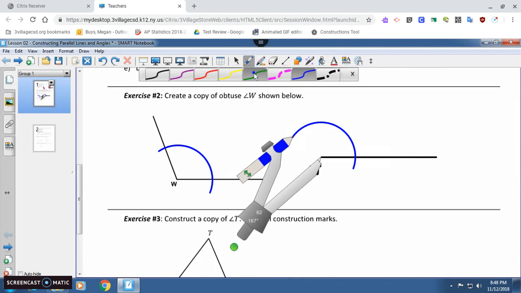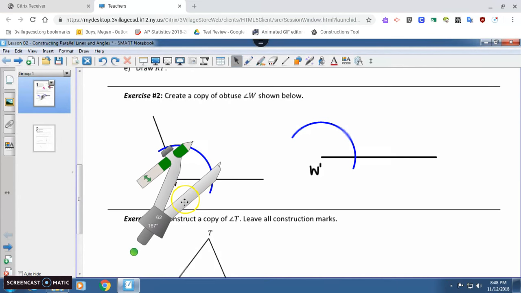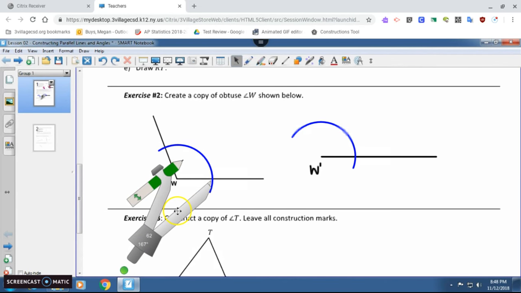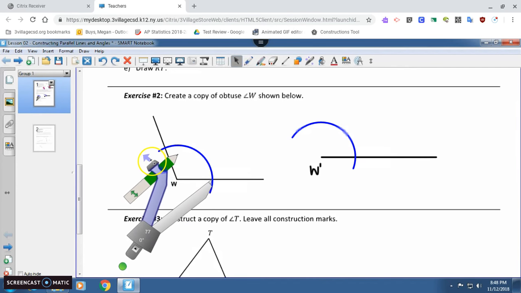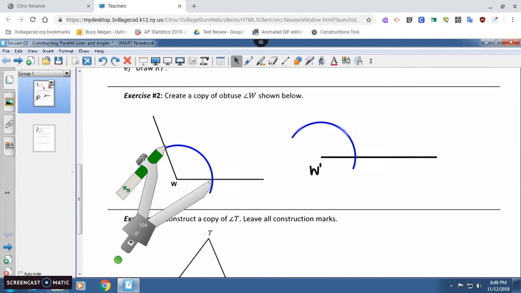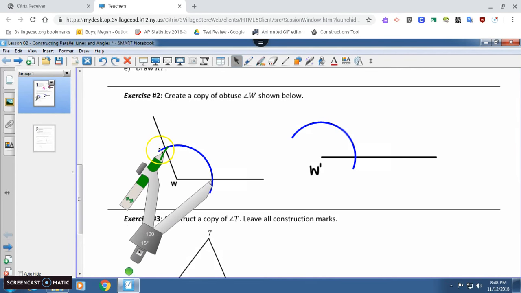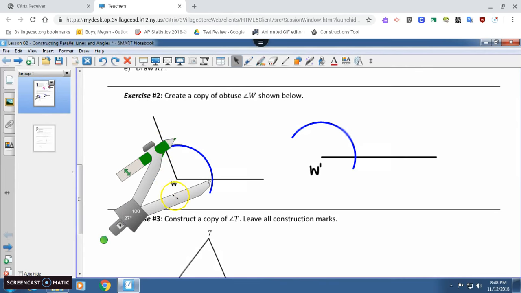Once we have that, we want to take the measurements of how far apart the angle is. So start at either point. We take one intersection and we're going to stretch so that we have the exact length of our intersections into our compass. Remember, we show that arc.